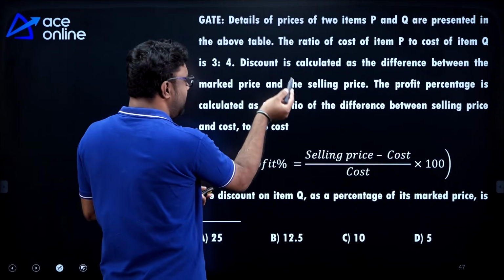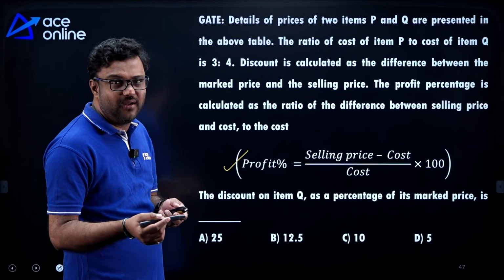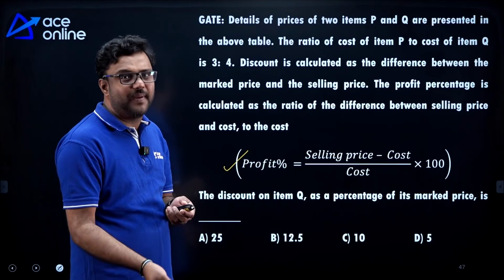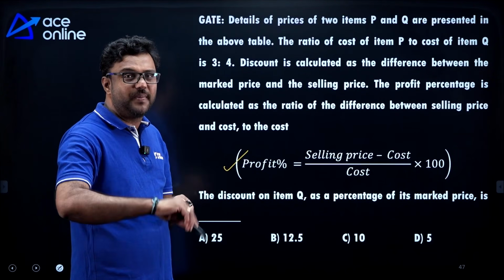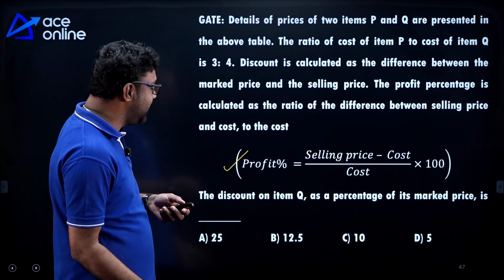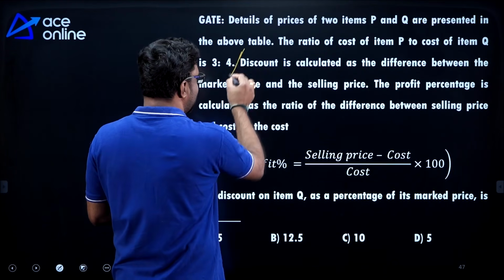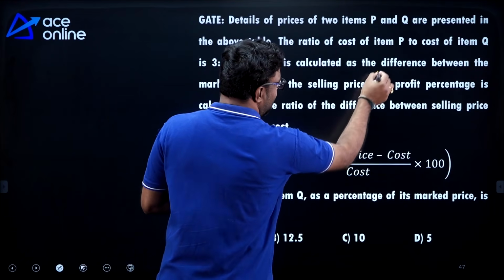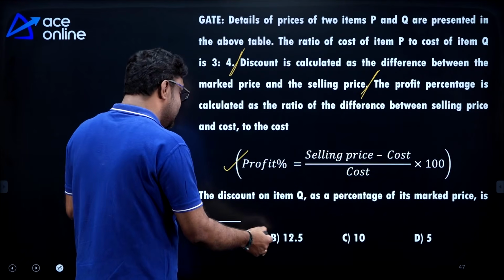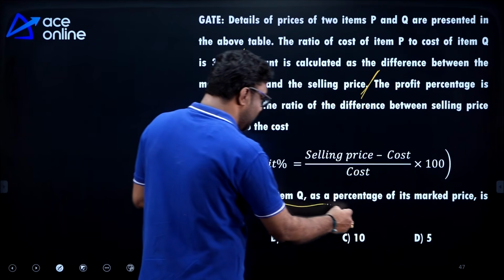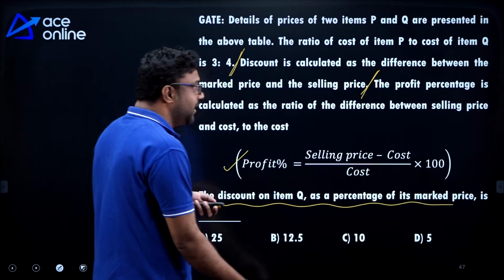In fact, discount, we know, is calculated on marked price or labeled price. Discount is marked price minus selling price. All those they gave clearly in the question. That's what they clearly mentioned in GATE. And here also discount is calculated on marked price only. Everybody knows that.